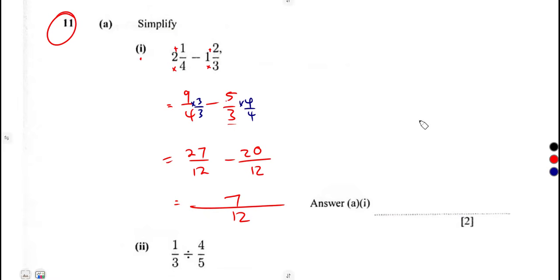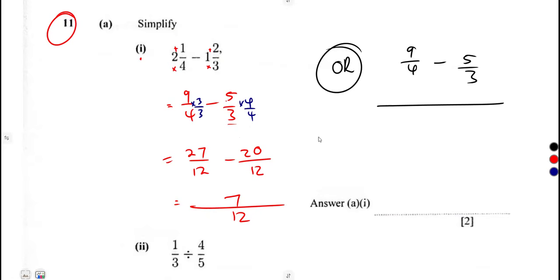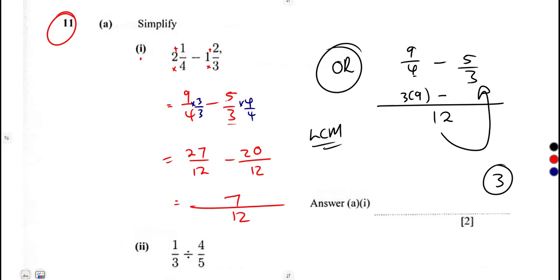Or you can, guys, there are so many ways, you can just have it as it is: 9 over 4 minus 5 over 3. You find the LCM of the given denominators, which is 12. 12 divided by 4, that is 3. Then 3 multiplies the numerator. So that is 3 times 9, minus 12 divided by 3, that is 4, and 4 multiplies the numerator, which is 5.